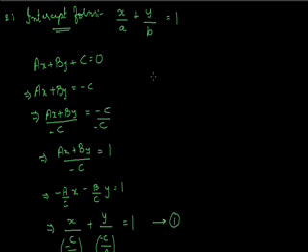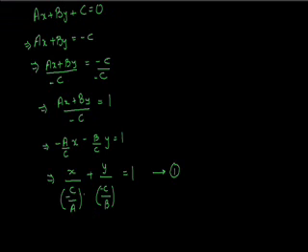Now comparing the first equation with our intercept form, I can see that it is in the form of x upon a plus y upon b equal to 1. Over here I'll get x upon minus of c upon a plus y upon minus of c upon b is equal to 1.